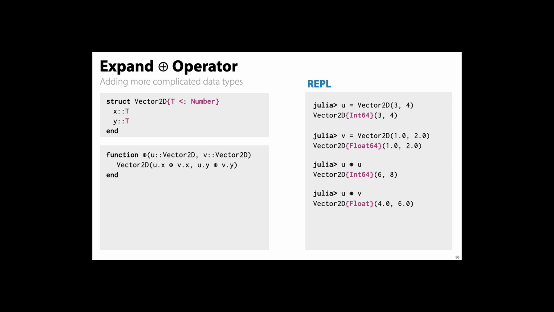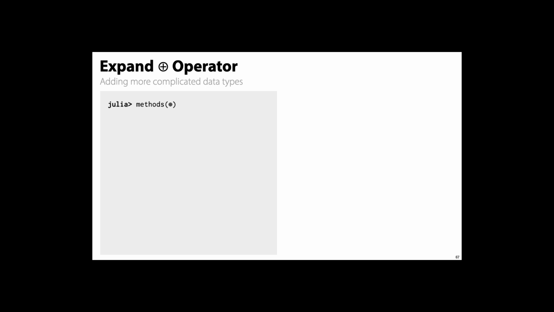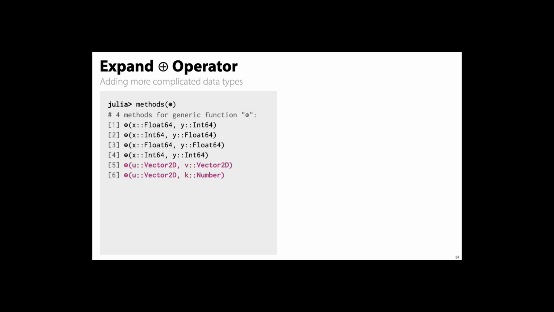The point of this example really is to show that you can add methods to deal with low-level things like, am I dealing with integers or floating point? But also for high-level stuff, like you can add more complex objects like vectors, maybe matrices, or pretty much anything. So if I do methods here, we have these vector versions added.